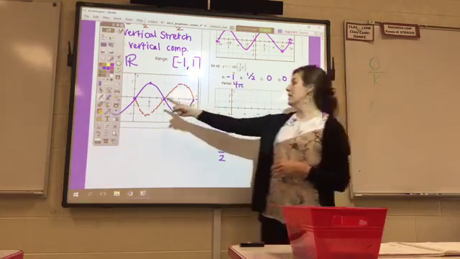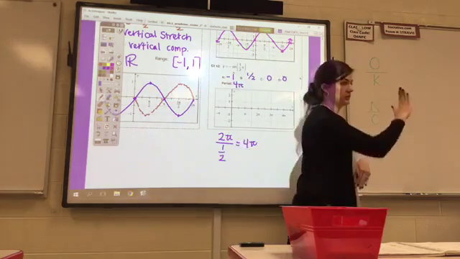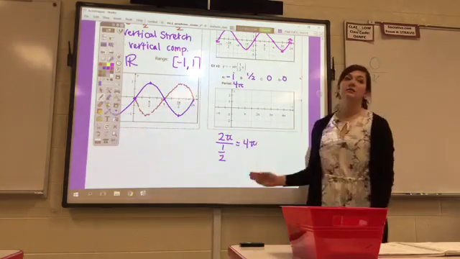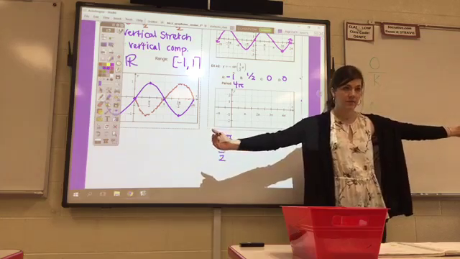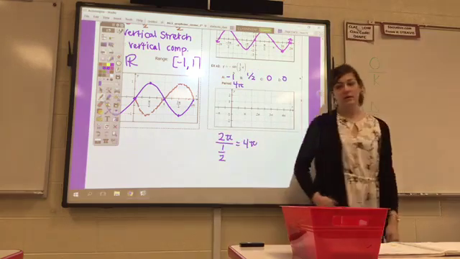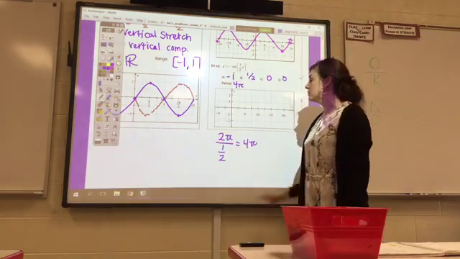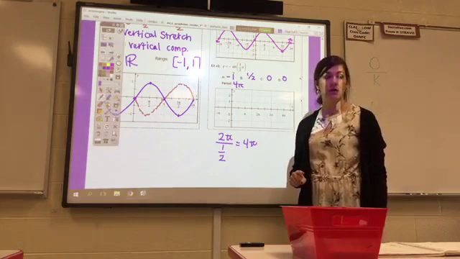Do you see how from 0 to 2 pi I have 1 full wave? What this means is that it takes 0 to 4 pi to get a whole wave. So it's stretched out. Okay? It is stretched out. So let's do the cheat chart and see why that is.